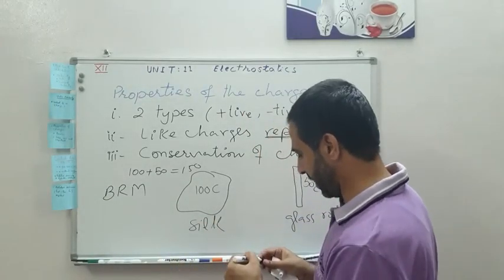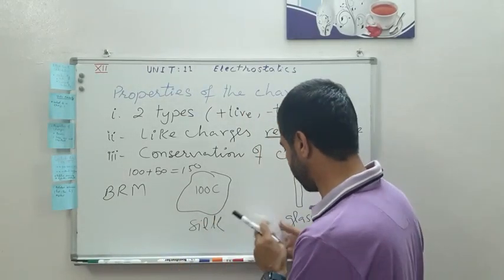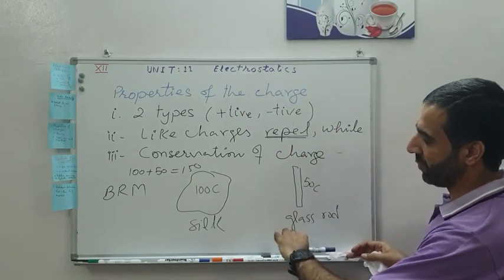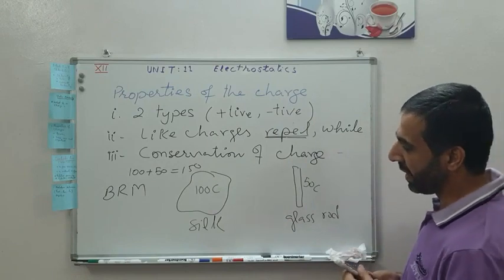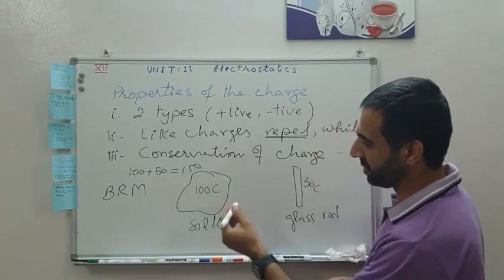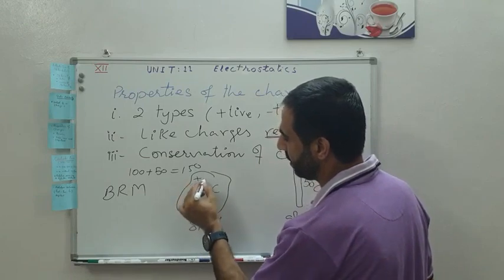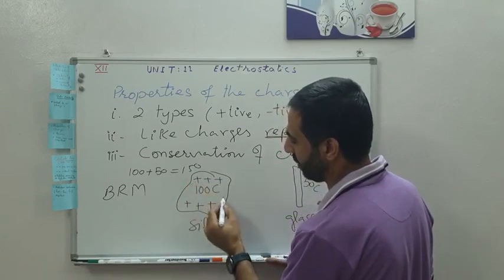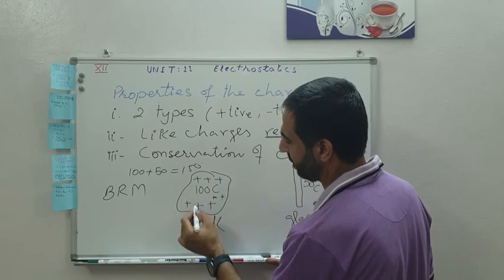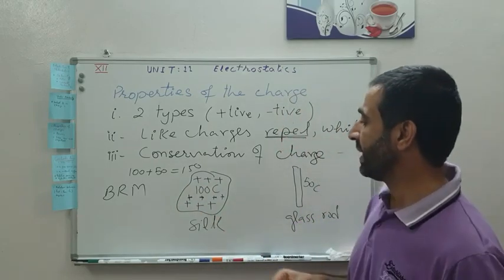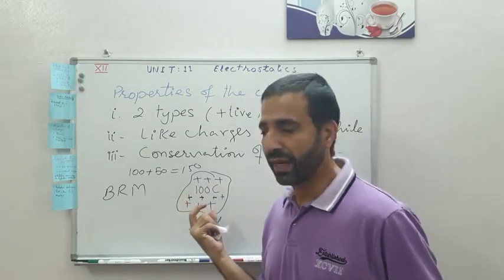After rubbing together, let us see what is going to happen. The charge is balanced. For example, if the silk cloth acquires a positive charge, it means that it loses electrons.